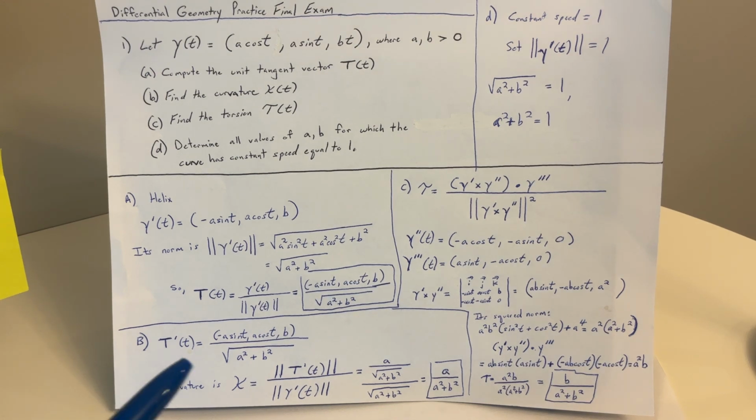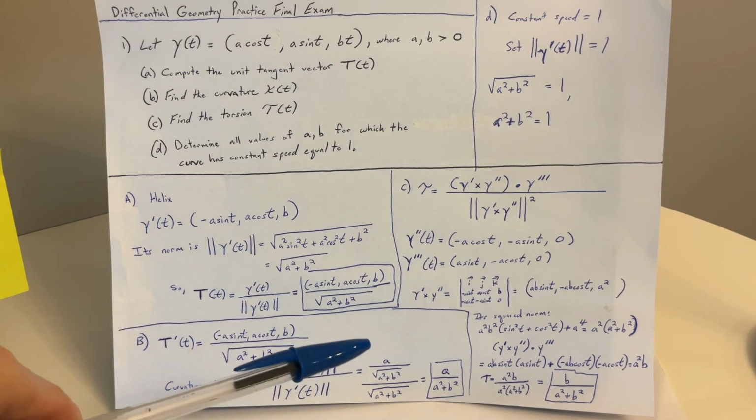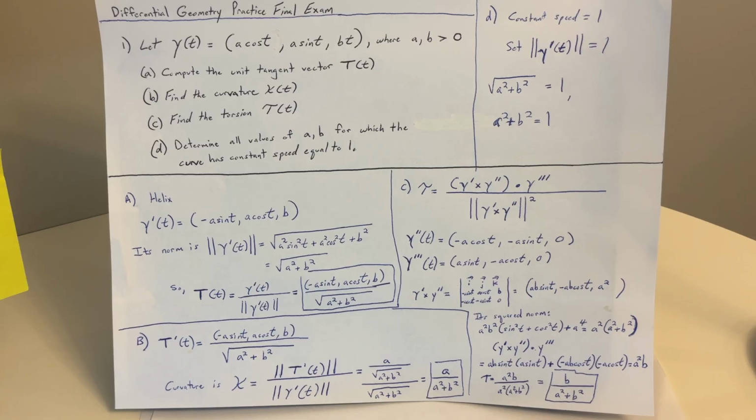So our curvature is the norm of T prime of t over the norm of gamma prime of t. Substituting in, we wind up with a over the square root of a squared plus b squared, over the square root of a squared plus b squared, which equals a over a squared plus b squared.